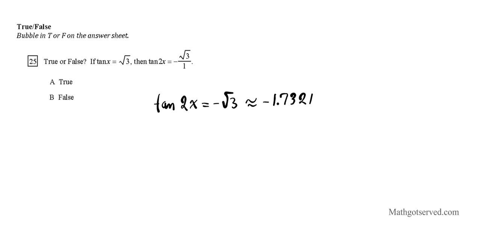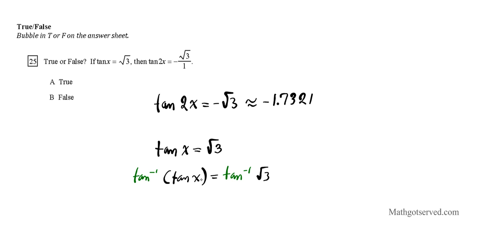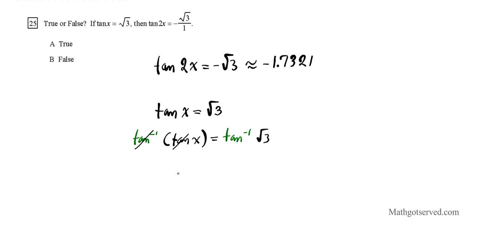Now let's use this to find tan 2x. We know that tan x is root 3. If tan x is root 3, then what is x going to be? You take the inverse tan of both sides, right? So you take the inverse tan of tan x equals the inverse tan of root 3. So you get x equals the inverse tan of root 3.